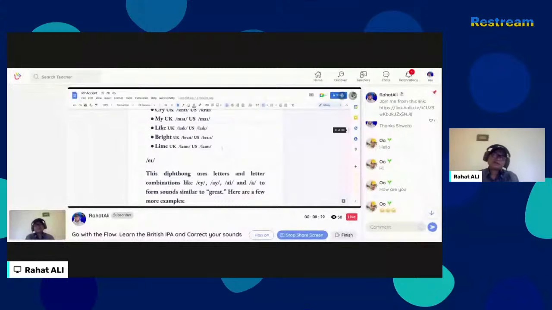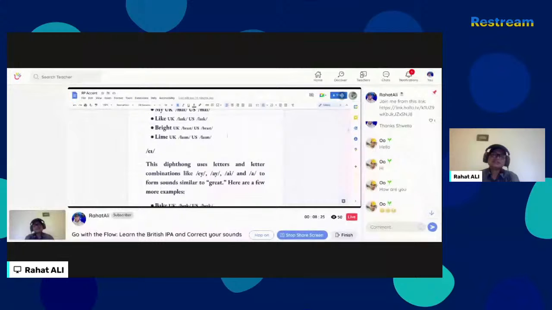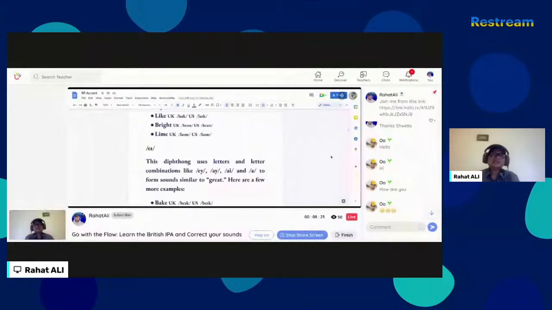Okay, the second pair of diphthong is E and I. This diphthong uses letters and letter combinations like EY, AY, AI, and A to form a sound similar to grit.